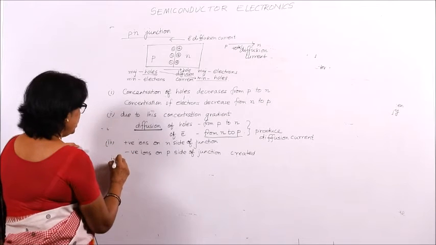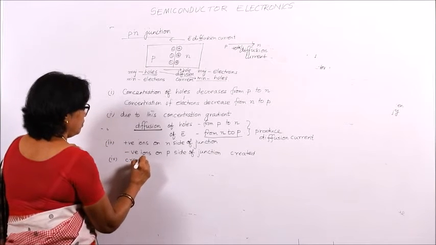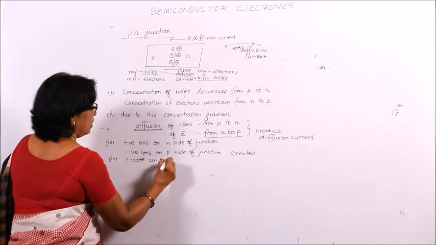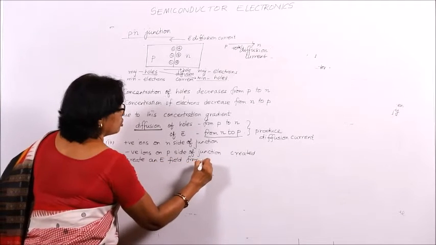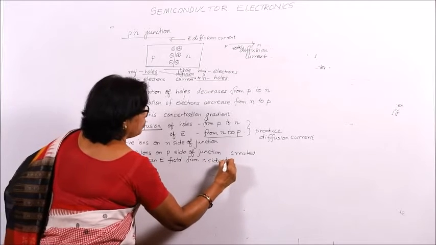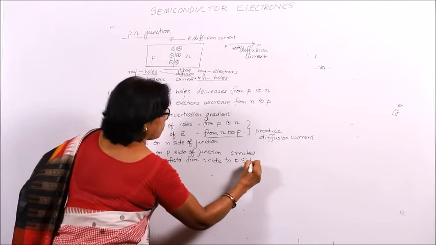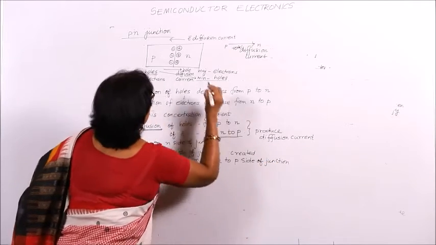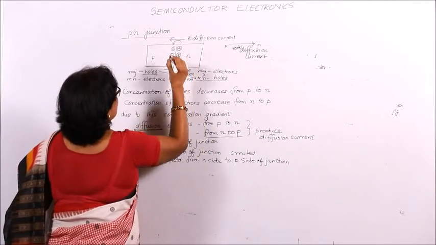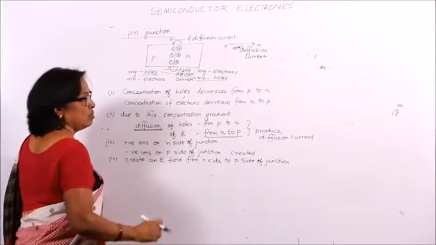So it will create an electric field from the n side to the p side of the junction.